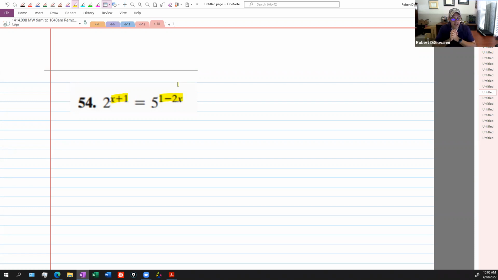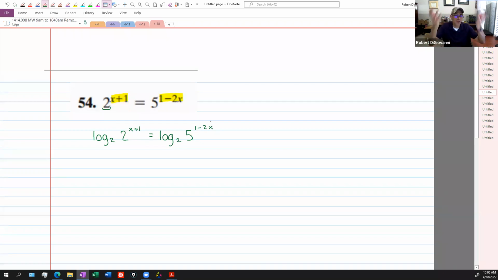So the first thing I'm going to do, and again, it's not going to seem very natural, is look at the bases on these. I have a 2 here and a 5 here. I'm going to pick one of those. So I'm going to pick the 2, all right? And what I'm going to do is log base 2 on the left side of the equation and log base 2 of the right side of the equation.